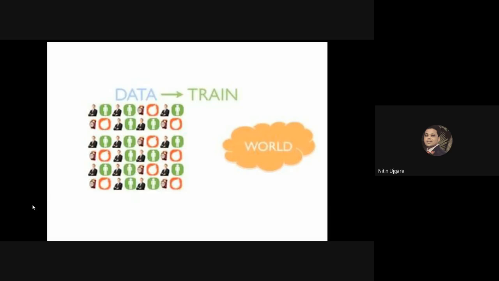In this figure, you can see that we have collected the data, and it consists of pairs with labels. The labels would be either human or bomb, right? Once we have collected our data, we will train our system. That is the first phase of the machine learning system, and then we put it to the test in the real world.